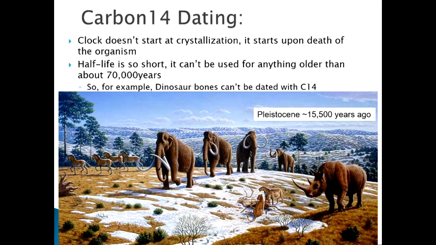So if you think back to the decay diagram, half of it is gone in 6,000 years. There's only 25% left in 12,000 years. In 18,000 years, there's 12.5%. And if you follow that out, by the time you reach stuff that's about 70,000 years old, there's nothing left to measure.